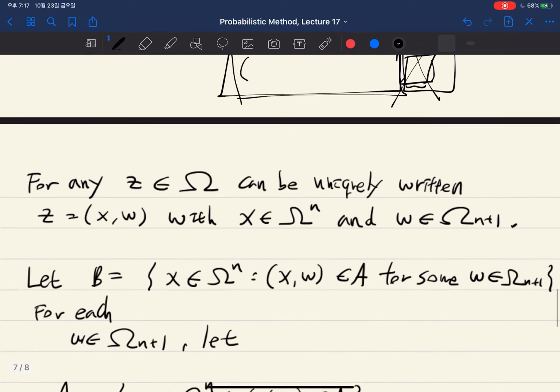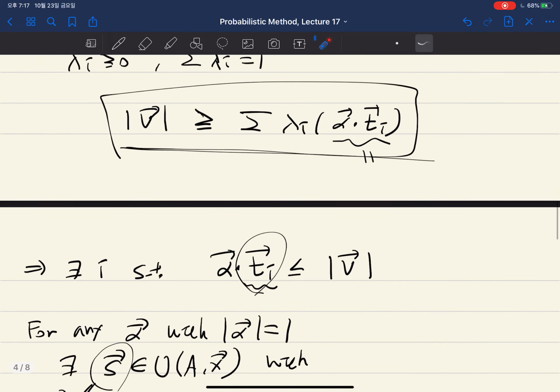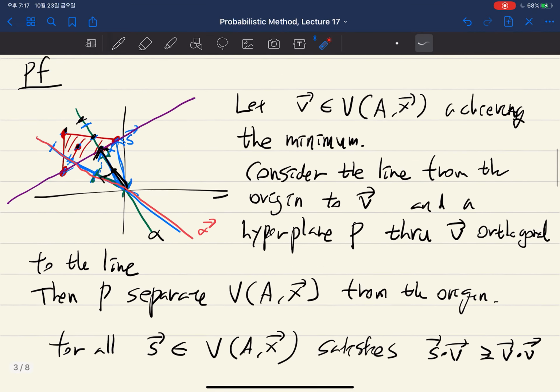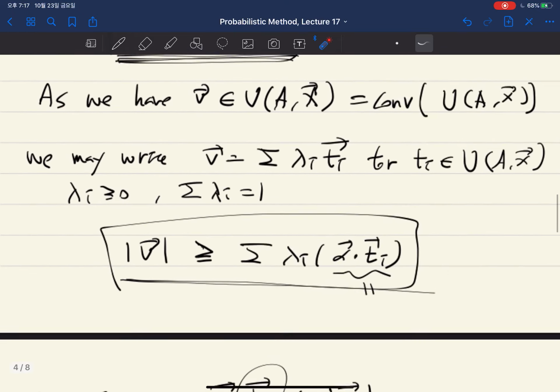So now we want to find an upper bound on here. All we want to do is find the upper bound here. Here we have equality, but what we actually need is just an upper bound. So if we take 1 point in V, that already gives us an upper bound.